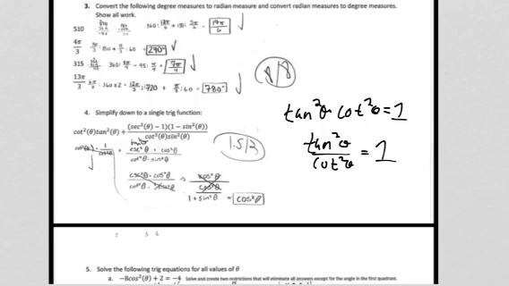And then, so they have cosine squared over sine squared, so then they canceled the cosine squareds and then said 1 plus sine squared is cosine squared. And again, if we say sine squared plus cosine squared equals 1, then it can't also be true that 1 plus sine squared equals cosine squared. If we isolate for cosine squared, we get cosine squared equals 1 minus sine squared.